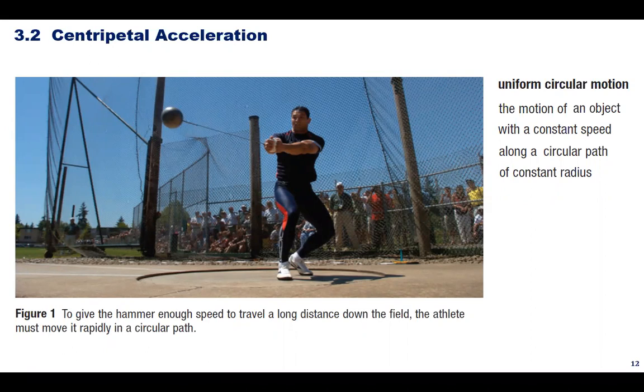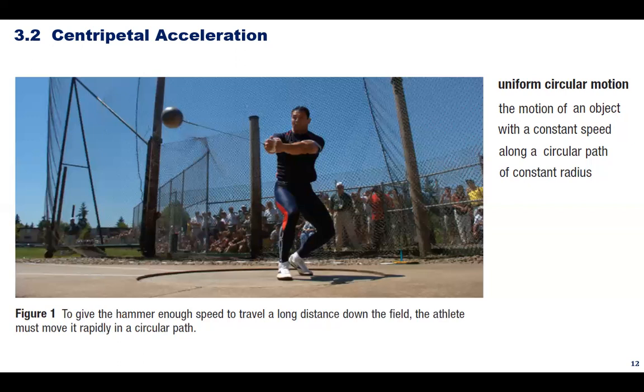So here, as shown in figure 1, the hammer throw is a track and field event in which an athlete throws a hammer, which is a heavy metal ball attached to a wire and handle, the farthest distance possible.